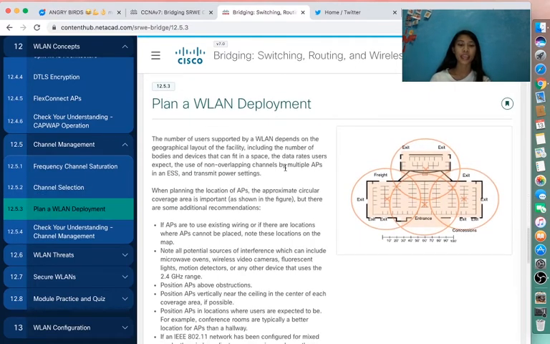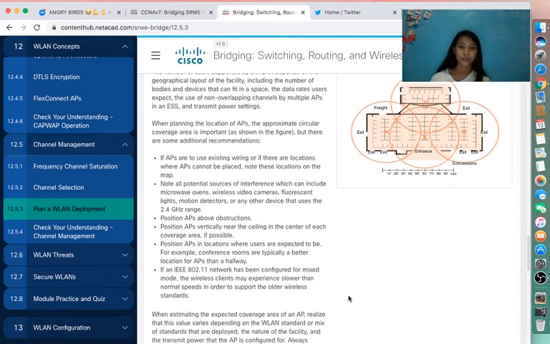For planning a WLAN deployment, we have blueprints of a building that has a freight area, concessions, exit and entrance.